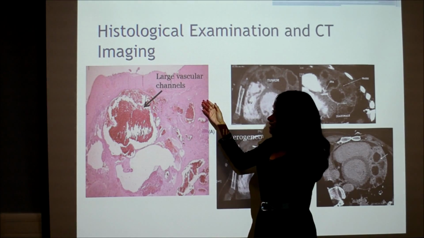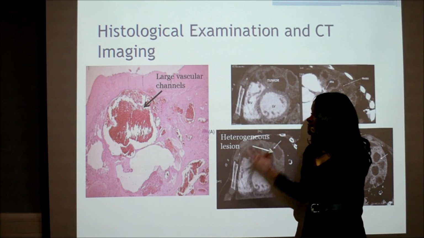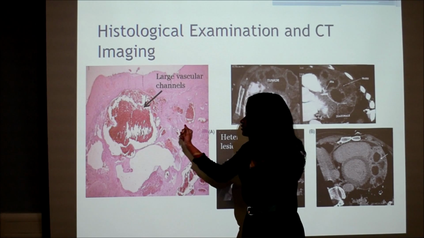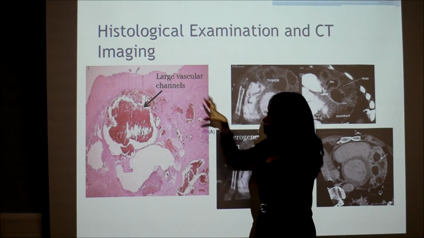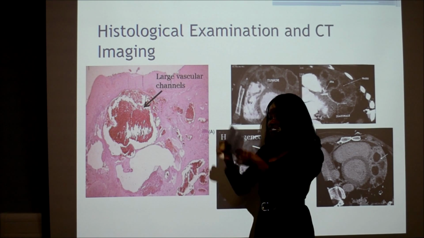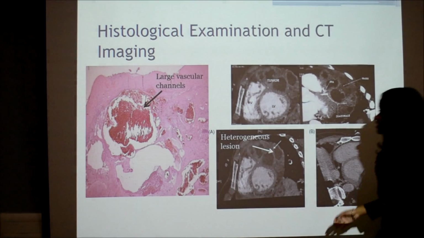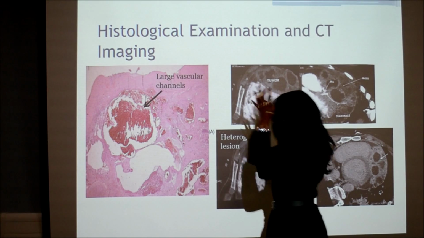So with this image over here, histopathological examination is very simple with this tumour. In this image here, you can see the large vascular channel, which is lined with a flattened endothelial and fibrostroma. Sorry, guys. No. Okay, start again. Sorry.